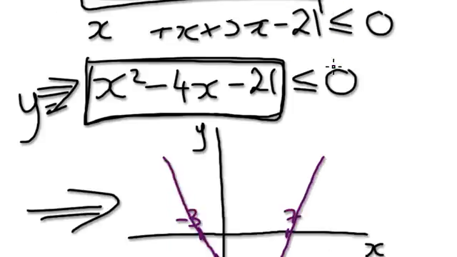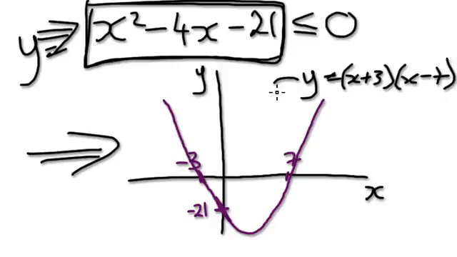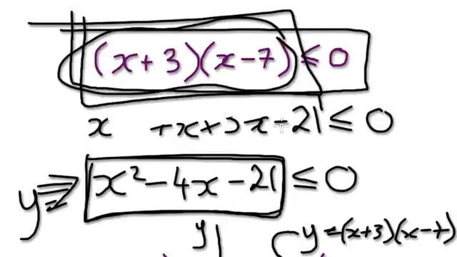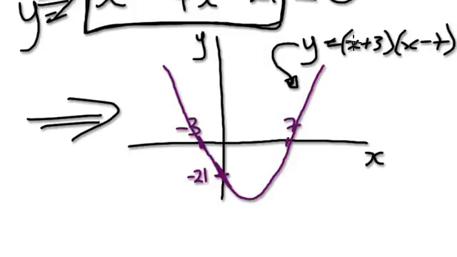So remember, this is our graph of y equals x plus 3 and then x minus 7 here. This is the equation for our graph. Now looking at this here, we want the whole thing to be less than or equal to 0. So if you select anything in this region here, then everything here is below 0.